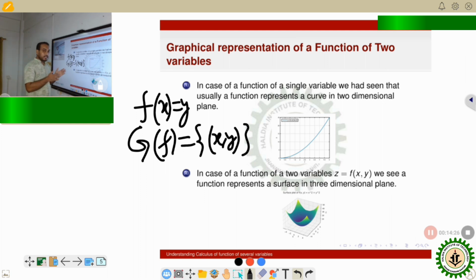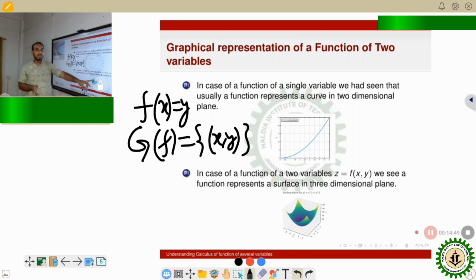But if we increase the input parameters, that is if it is z equal to f of x, y, that means we have changed the input from x to x, y and the output is z. That means it is a function of two variables. So its graphical representation will basically be a surface in three-dimensional space.